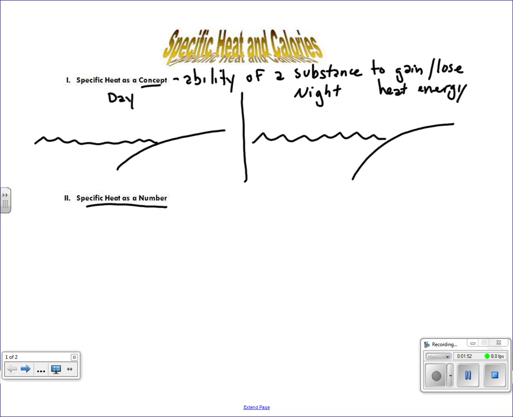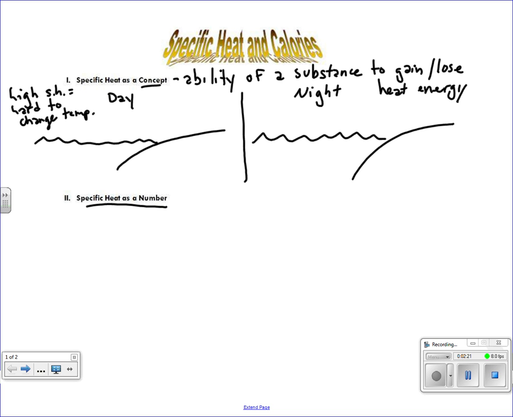And again, before we talk about what that number means, all that means is that if you have a high specific heat, I'm just going to abbreviate that SH, it's hard for you to change temperature. So in other words, because water has a high specific heat, it takes a lot of energy to heat water up. It also takes a lot of heat energy to cool it down.